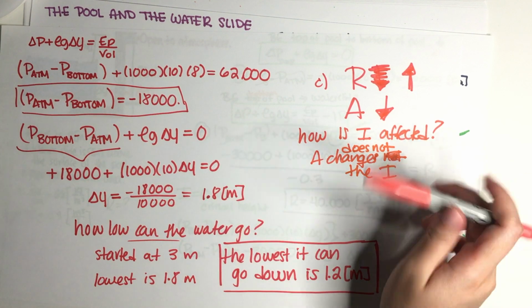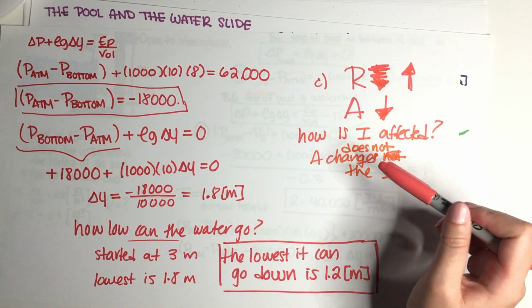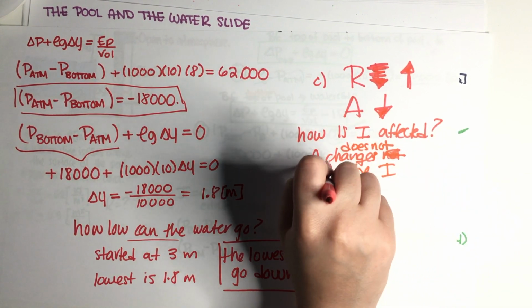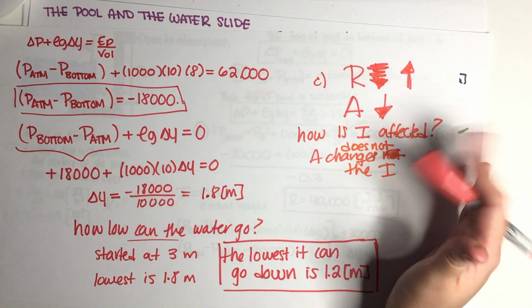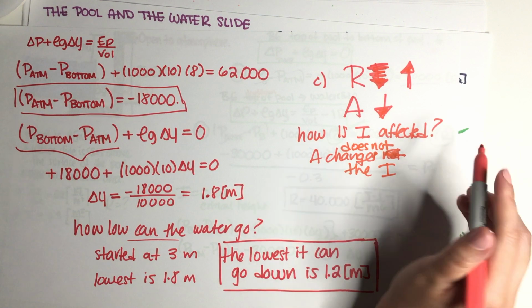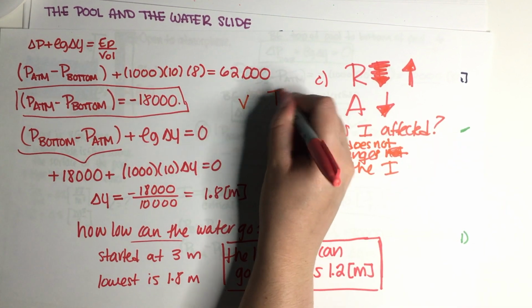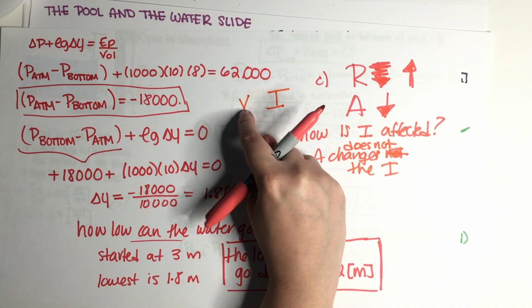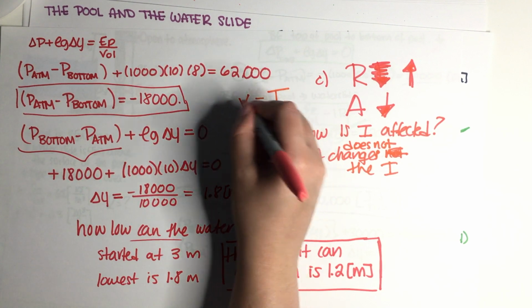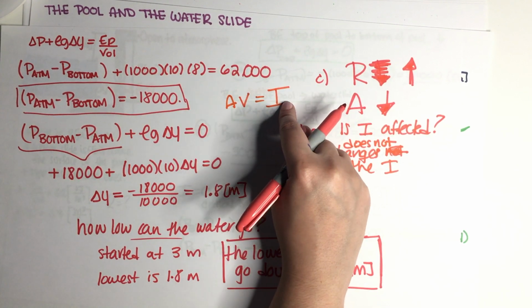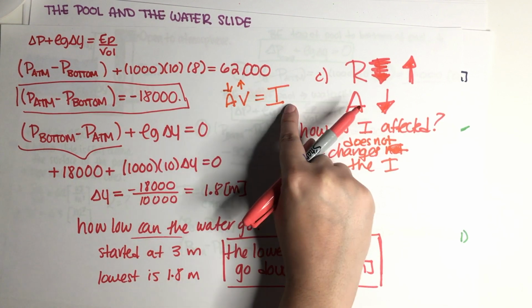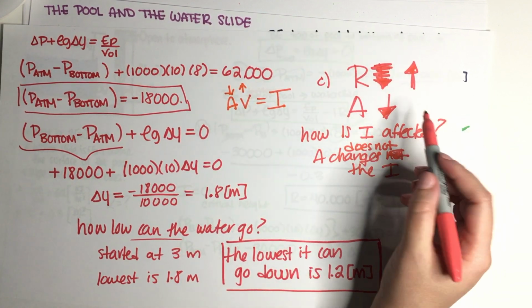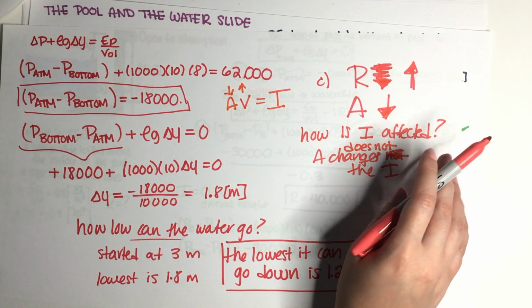Changing the area is going to result in a change in velocity. So yes, if you decrease the area, you're going to have an increase in the velocity of the water. But there is a difference between velocity and flow. You're not going to change the flow, but decreasing this will increase this and the flow is going to stay the same. So the area is going to do nothing in this case.